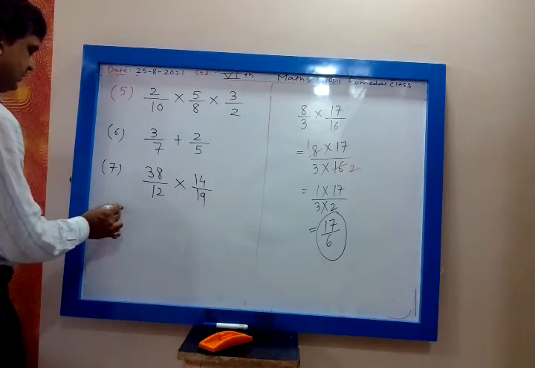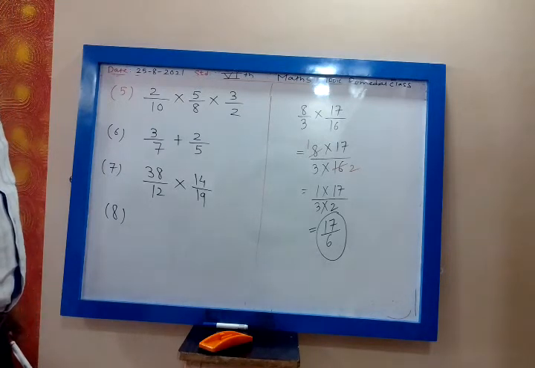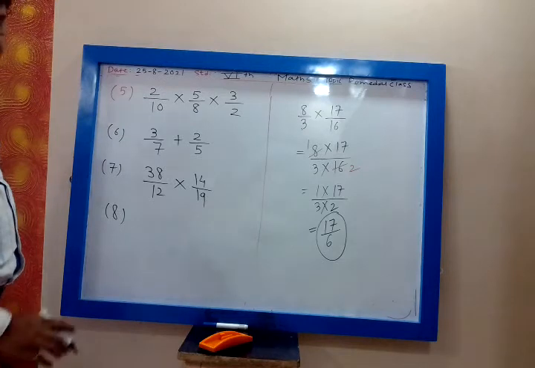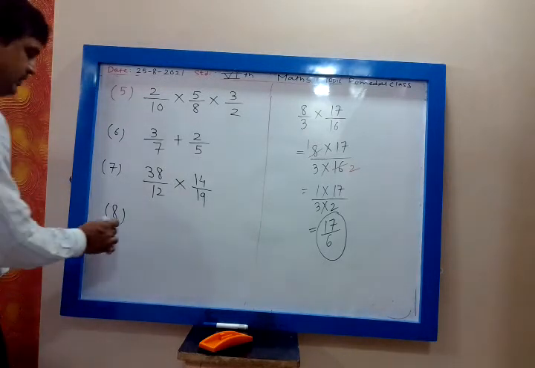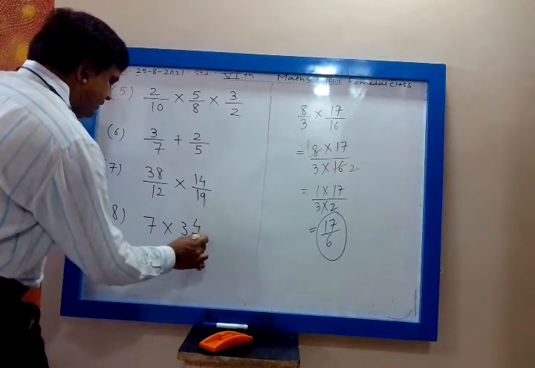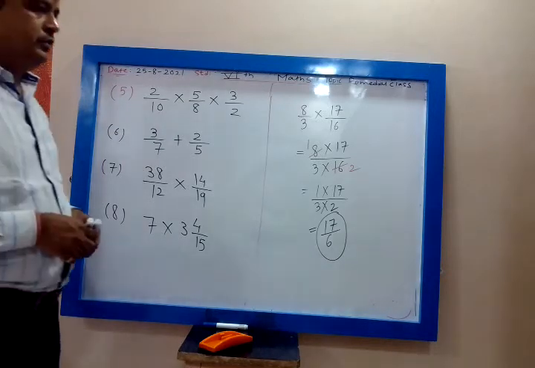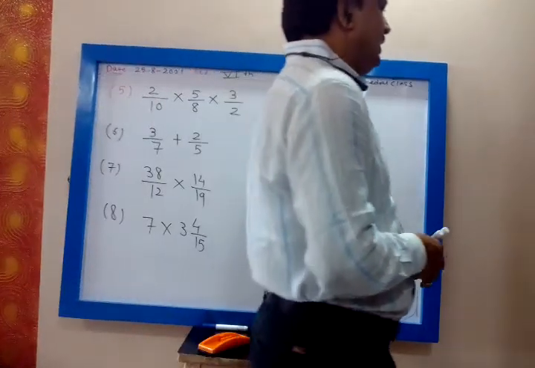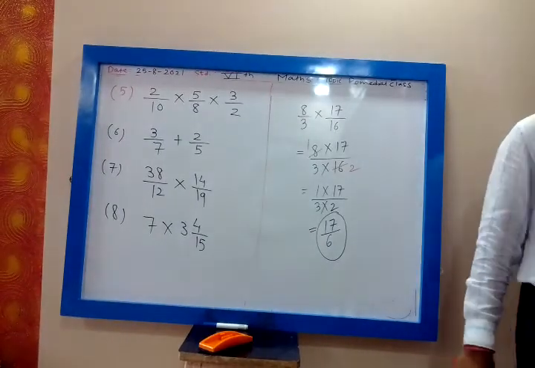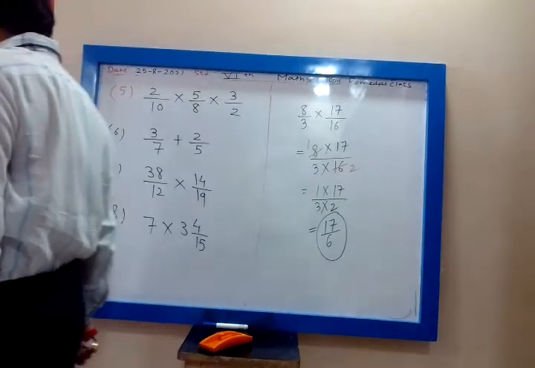Eighth, 7 into 3 is to 4 by 15. Do it fast. Three upon 2. Get 5th, 6th, 7th, 8th, 9th. Then we will discuss all the solutions.